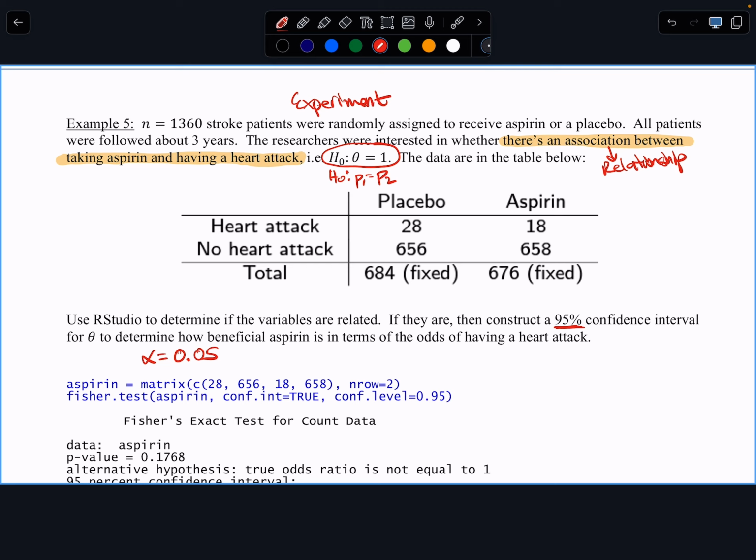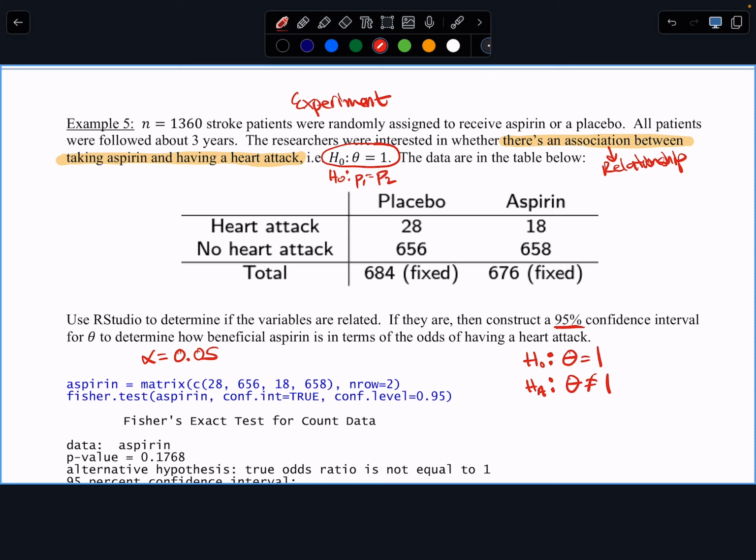Now, if I'm just wanting to see if these variables are related, my alternative hypothesis is theta does not equal 1. All right, it doesn't tell me that I'm expecting one directional to do a directional test, so I'm going to assume that it's non-directional. And that's going to still tell me whether my variables are related or not, or associated.